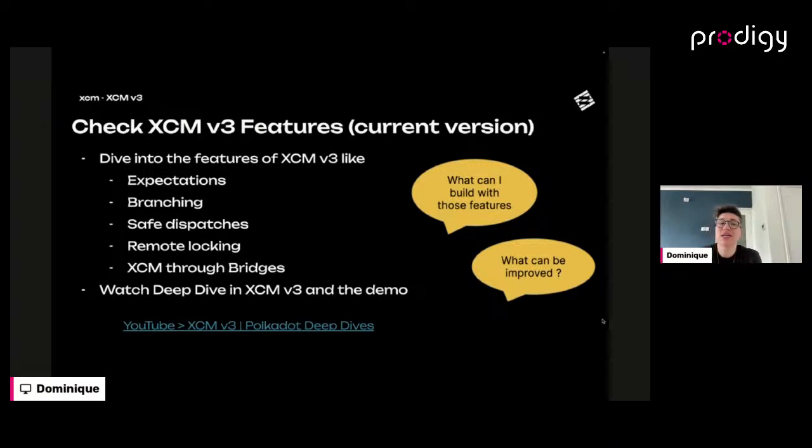For example, branching: you can have messages where you express, well, the highly common use case is transferring tokens, but I can give another example. Branching would be a message that works like an if-else statement.